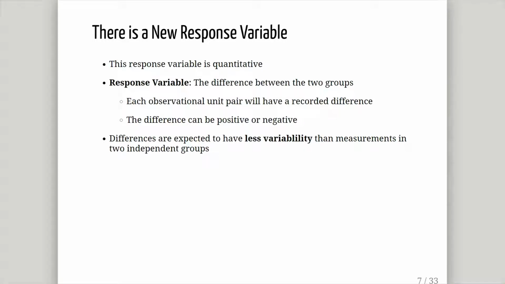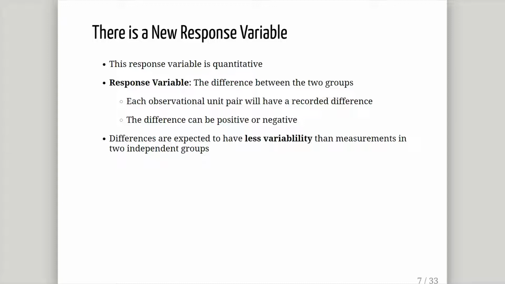I told you that we're going to measure comparisons for each observational unit pair. So you'll have comparison 1, comparison 2, comparison 3, comparison 4, and so on. This comparison is a quantitative variable. It's going to be a new response variable that you haven't been introduced to yet.